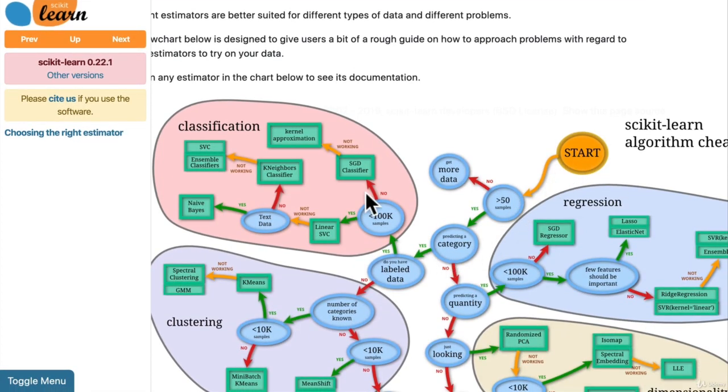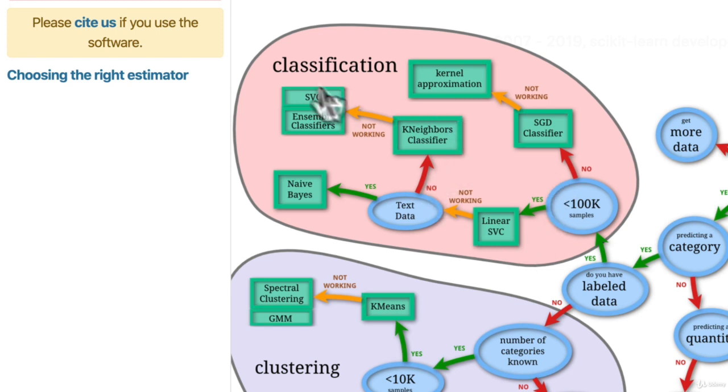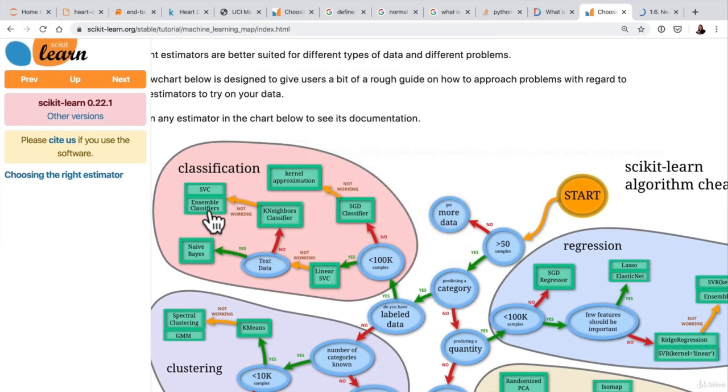If we follow this through, we know we've seen this before. We've got a classification problem. We're trying to classify whether or not someone has heart disease based on their health parameters or their medical parameters. So what we might do is only try a few of these. You could try all of them, but what we're going to do is use K-neighbors classifier. We'll use this one. So if we open that in a new tab, we're also going to use our trusty random forest.